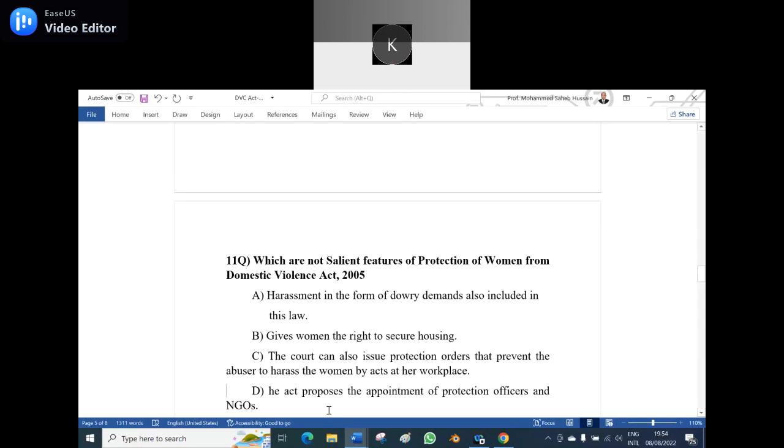Option C, the court can also issue protection orders that prevent abuse or harassment of the woman at her workplace. Option D, the act proposes the appointment of protection officers and NGOs. Option D. Why? It's only protection officers, not NGOs.